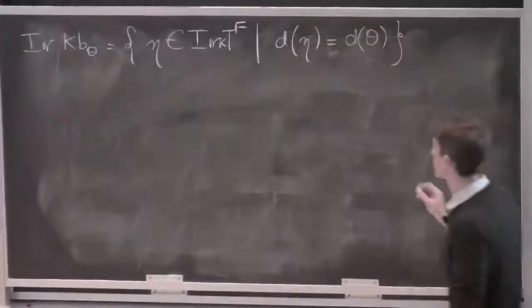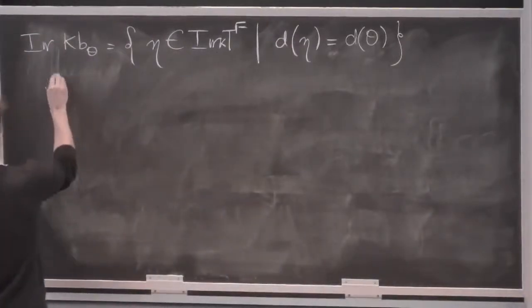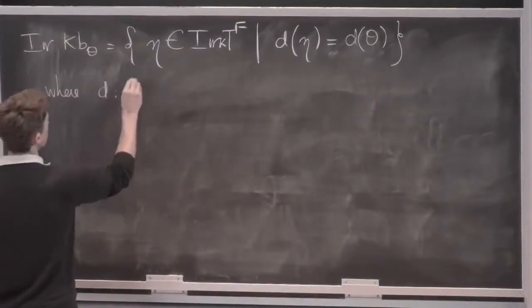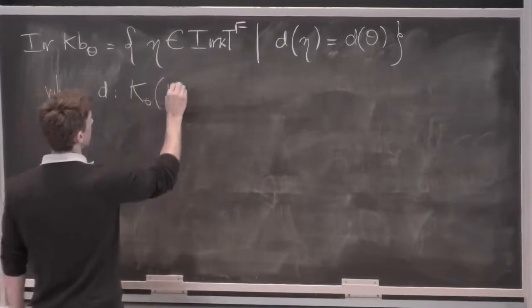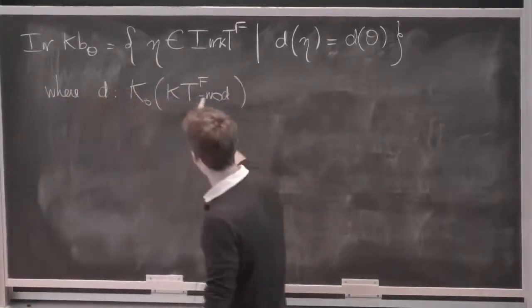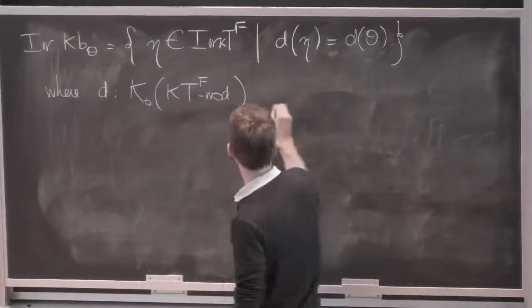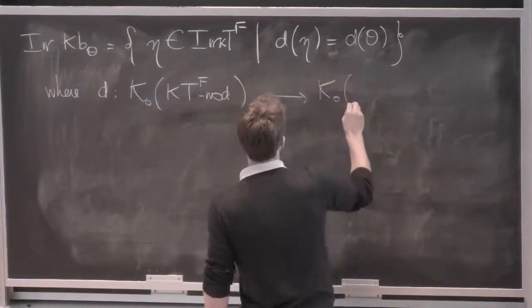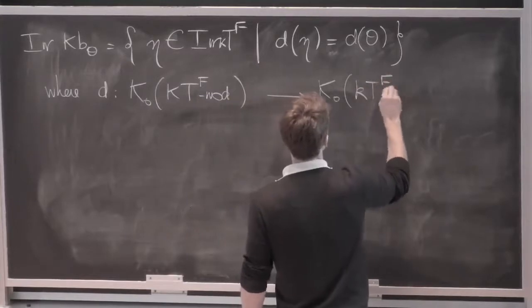Sorry? So D is the decomposition map. D should be thought of as the map from the Grothendieck group of the characters of TF over K to the representations in positive characteristic.